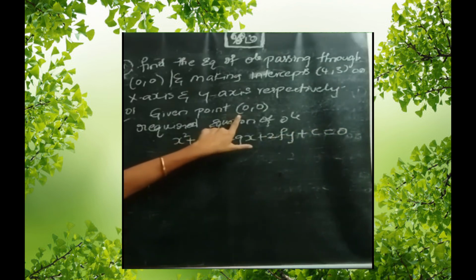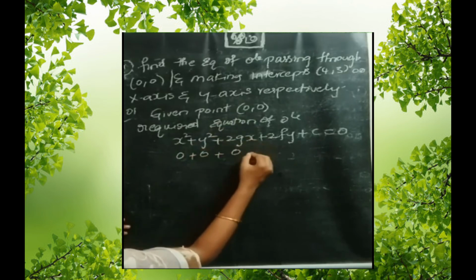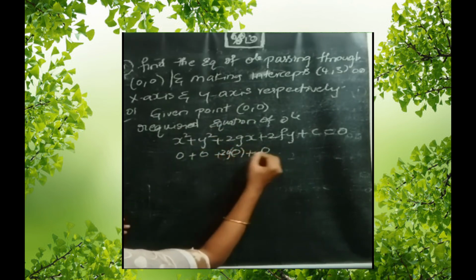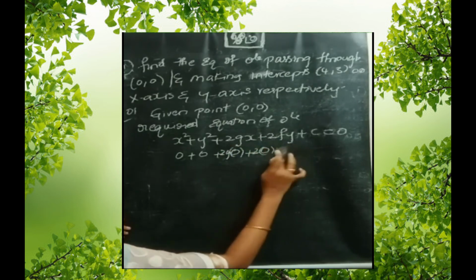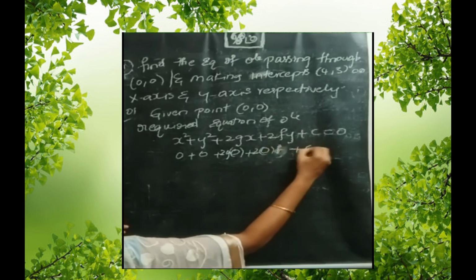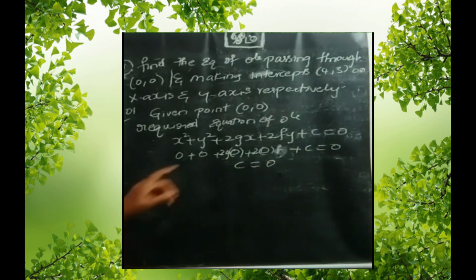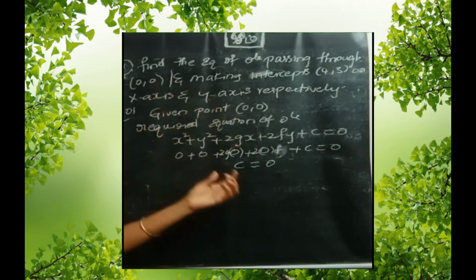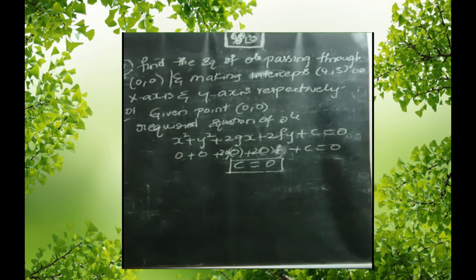Now, the given point is (x, y) = (0, 0), so 0 plus 0 plus 2g into 0 plus 2f into 0 plus c equals 0, so c equals 0. That means we get c as 0 when the origin is passing through the circle, the equation will have c equals 0.